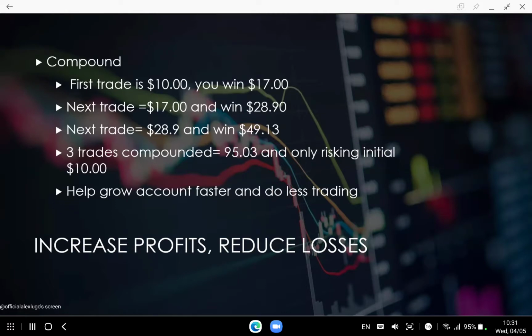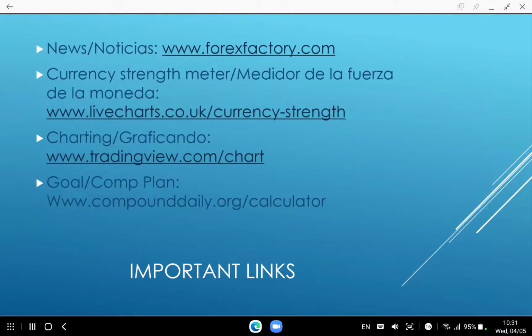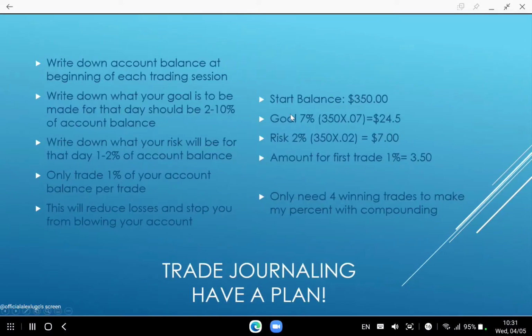So percentage loss. You decide what your goal is going to be. I wouldn't recommend anything less or over, so 2 to 10%, you can decide what your goal will be, and then stick to that. I just chose 7%, and then you risk 1 to 2%.